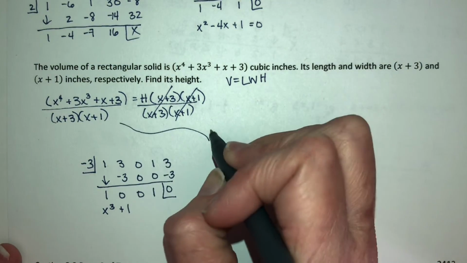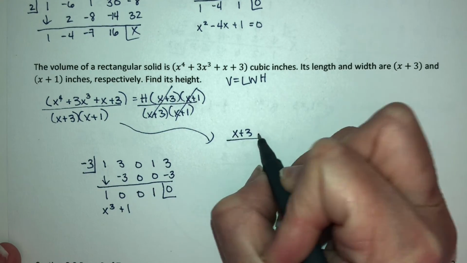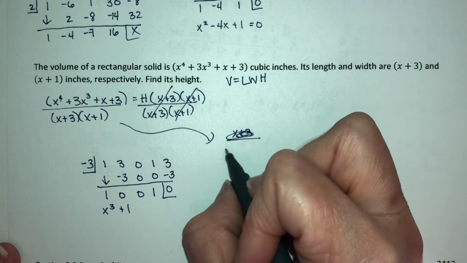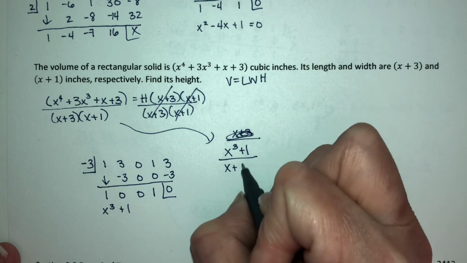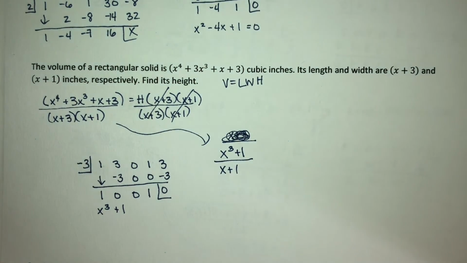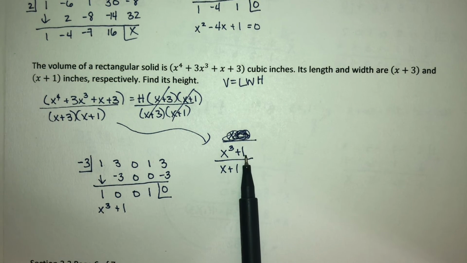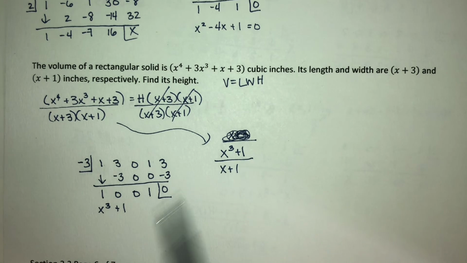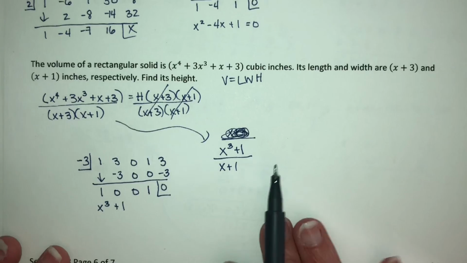So what I've done right now is I've now changed this to x cubed plus 1 over x plus 1. Okay, now if you recognize this as the sum of cubes and you remember how to factor it, then you can divide this evenly, easily and get your solution. But if you don't, we'll do exactly the same thing we did here.